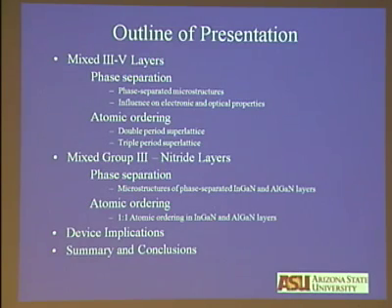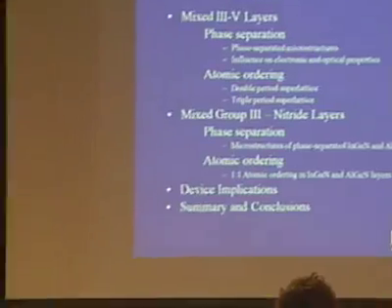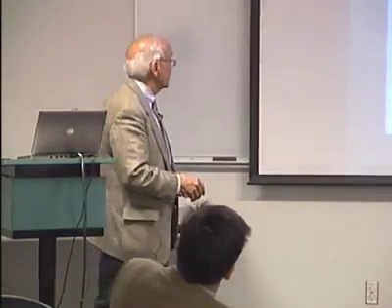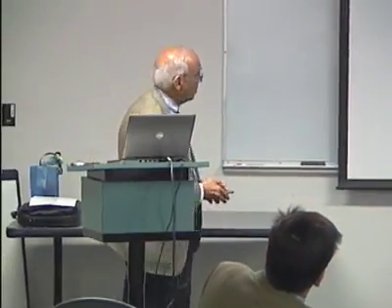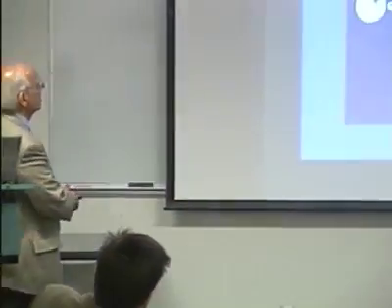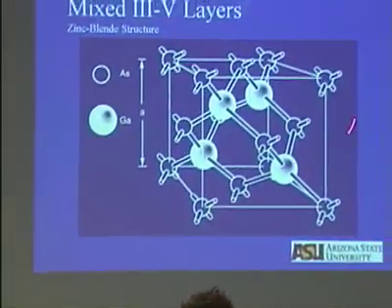Finally I'm going to show you that these microstructures, which are the domain of materials science and engineering, have a tremendous influence on the reliability of the devices, light emitting as well as field effect transistors, and then give you a summary and conclusion.